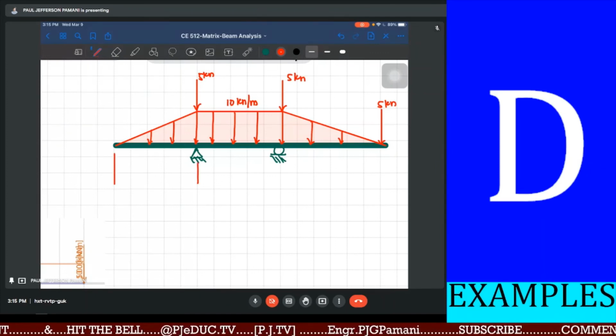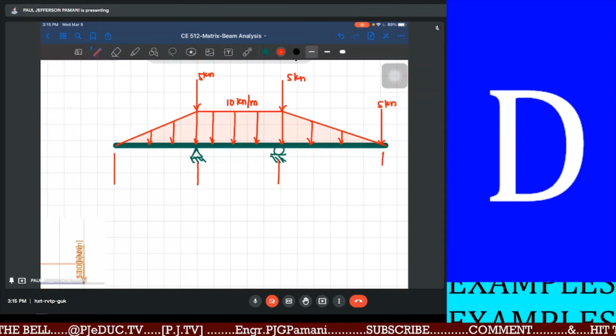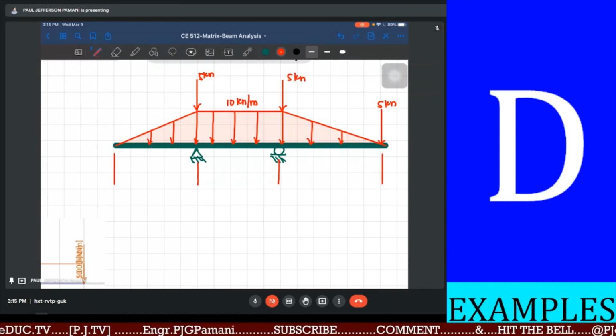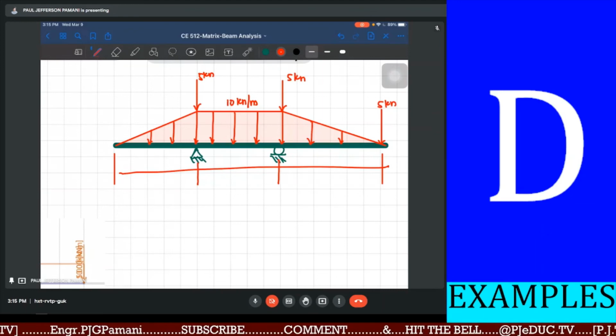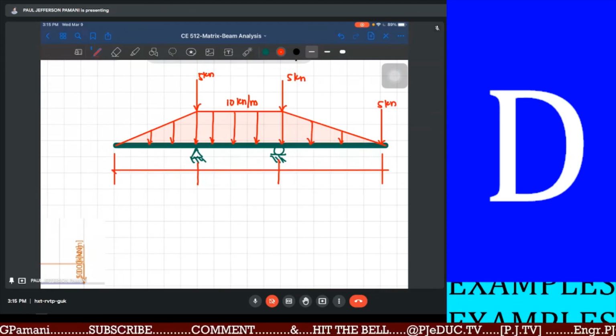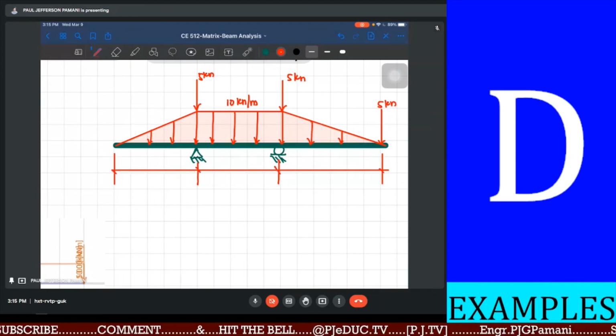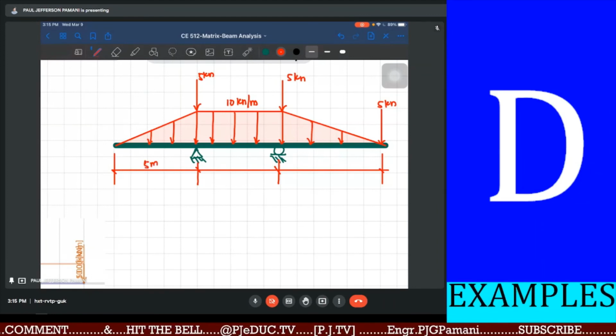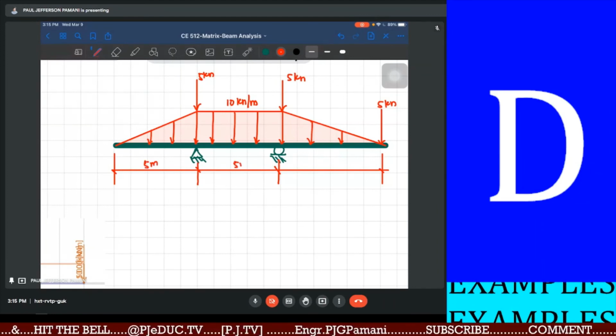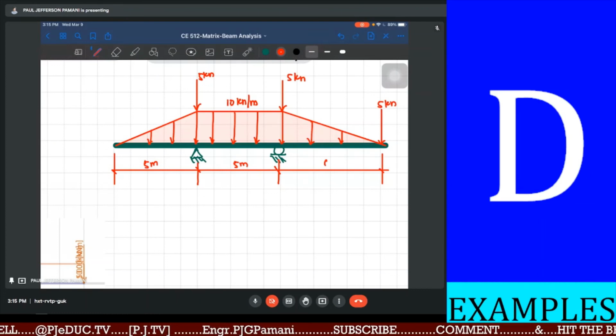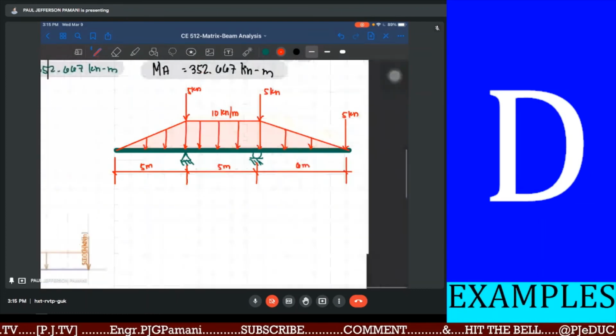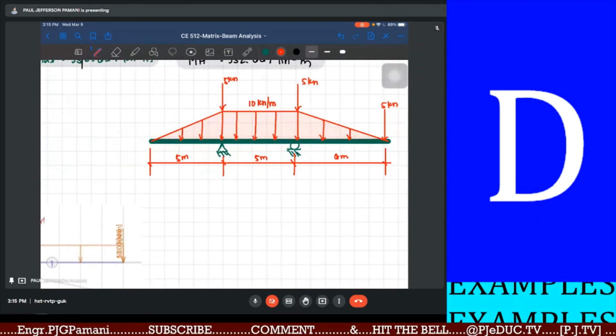The dimensions, five meters, 5 meters, 6 meters.